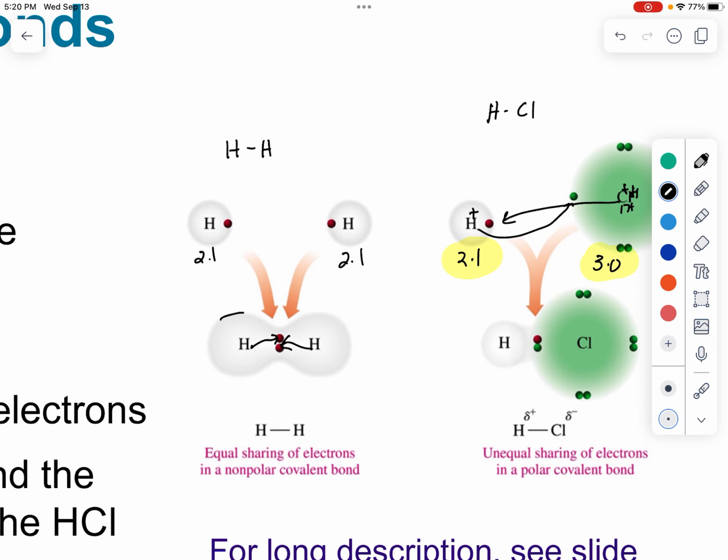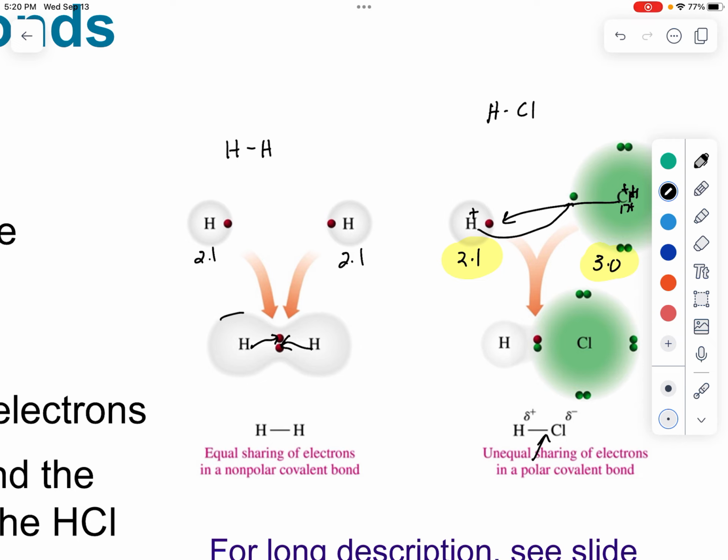So think about it this way. Chlorine comes in before the bond. It has 17 protons and 17 electrons, zero-sum charge. But now, when it's in this covalent bond, it's going to take some of the electron density away from that hydrogen. So it's not going to win that whole electron like in an ion pair, but it's going to have more than its fair share.